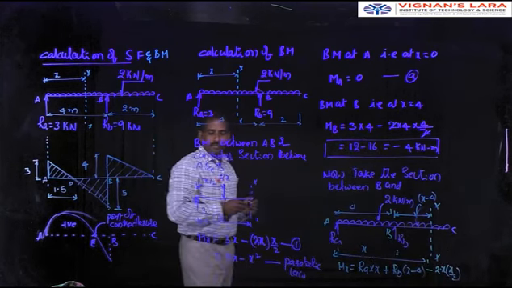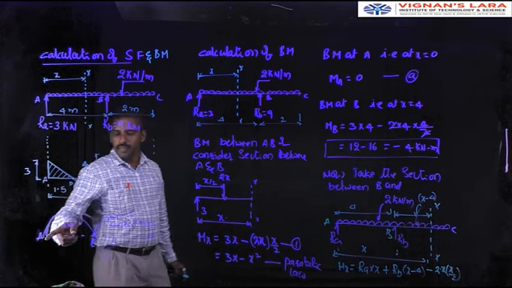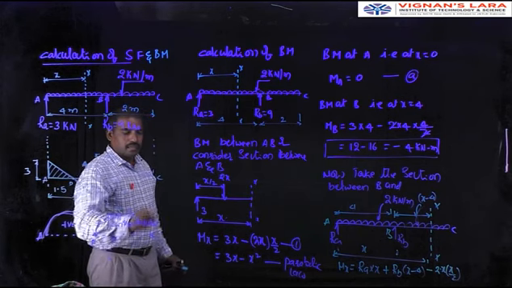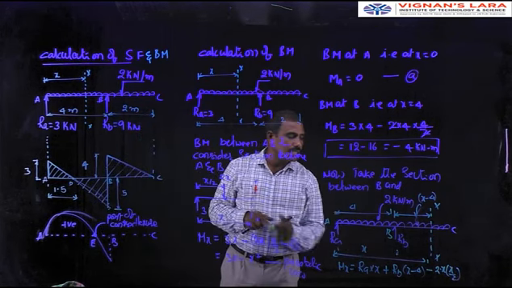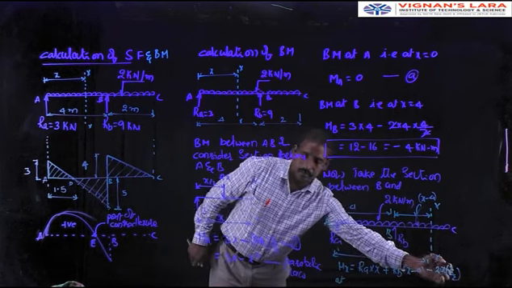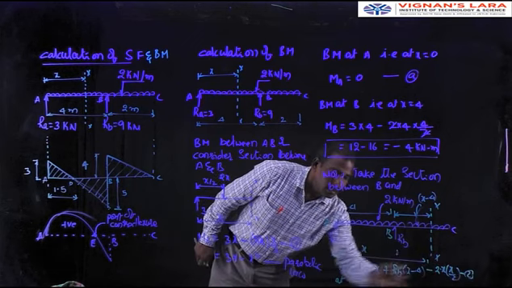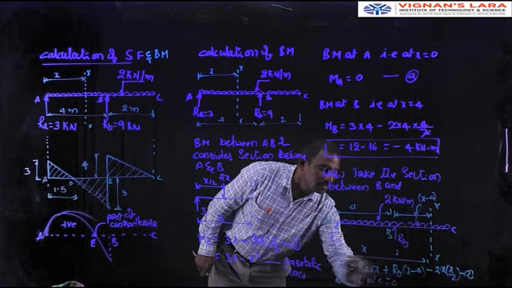Simply, you can find out the values of bending moment at C also. Simply substitute x is equal to 6 meters in equation number 2, then the BM at C is equal to 0.